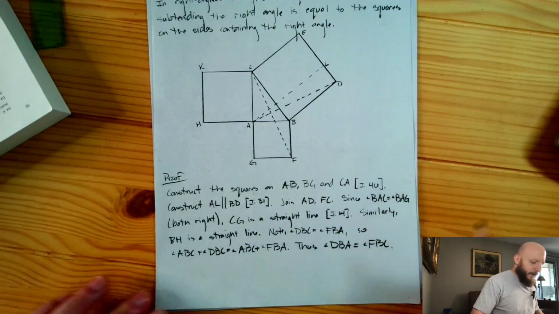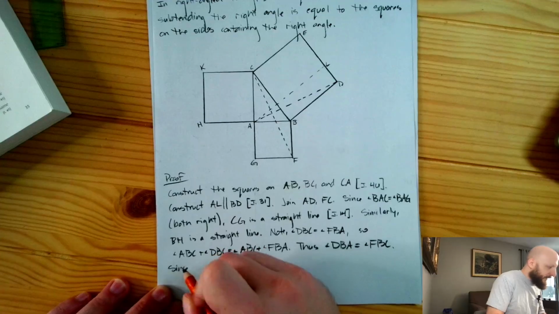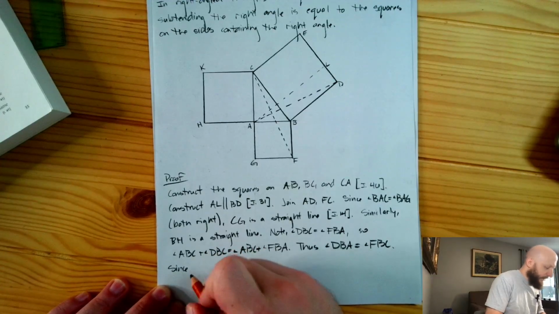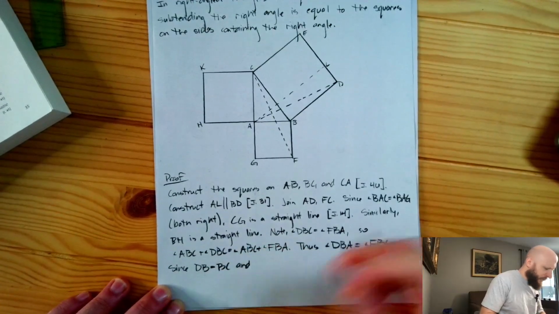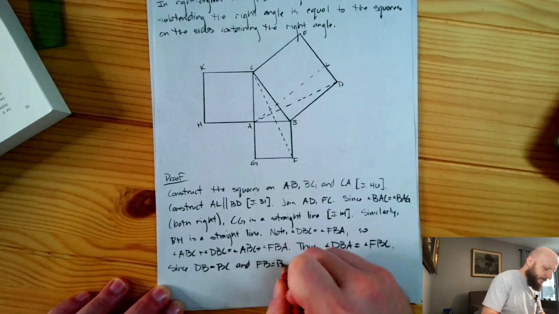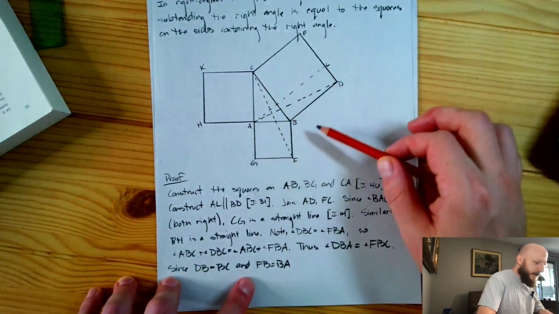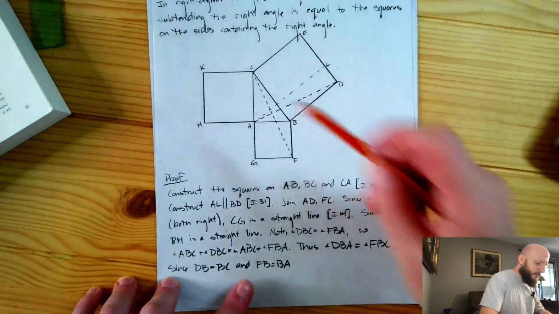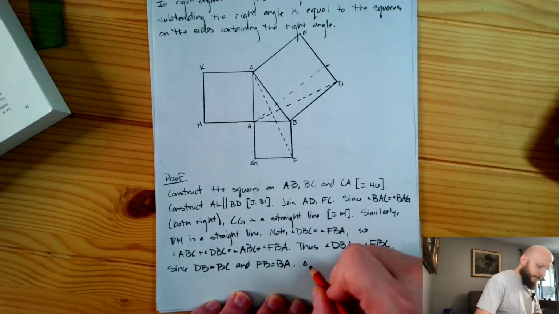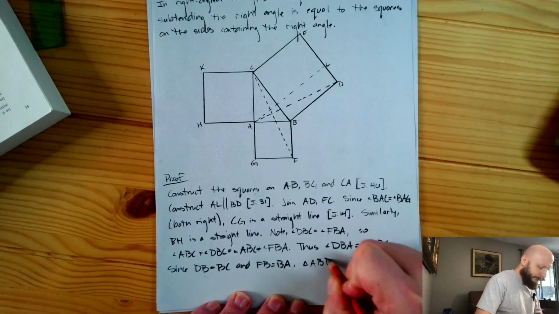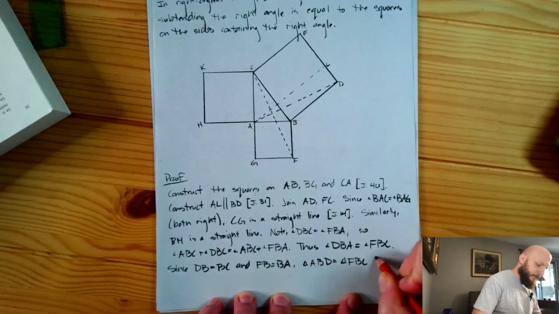All right, well, since DB equals BC and FB equals BA, we get that triangle ABD equals triangle FBC by side angle side, prop 4.